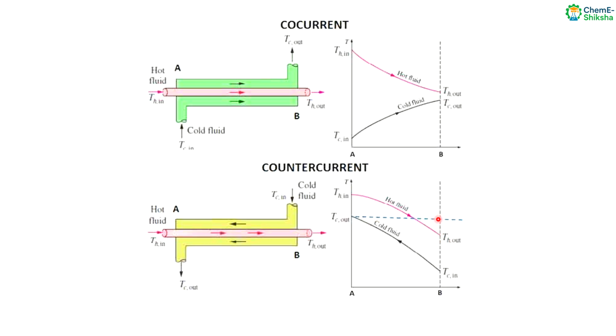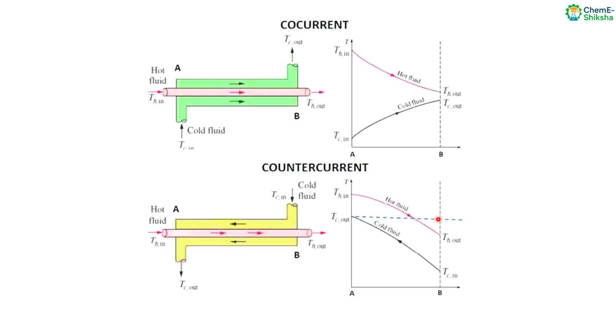So we know that the heat transfer Q equals U into A into LMTD. So LMTD is more for counter current flow than for co-current or parallel flow. Let's say we have two heat exchangers, and the area of heat transfer is the same for both.